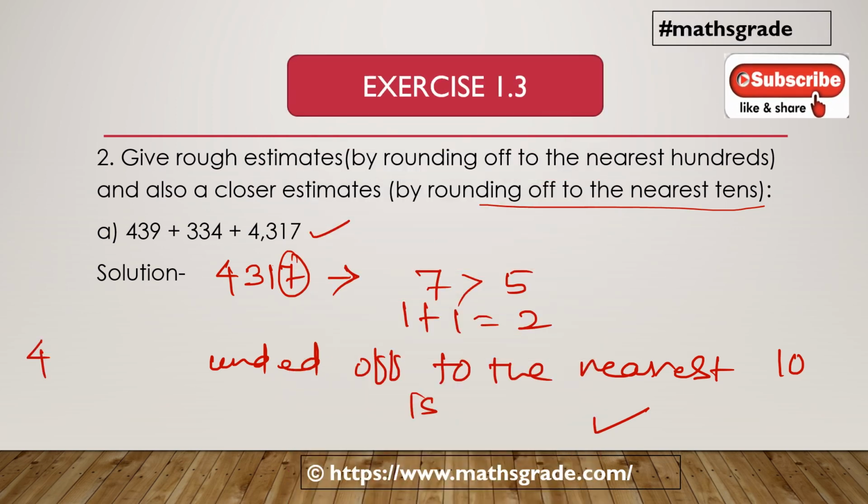So 4,300 and write down 0 in the unit place digit, that is 7 changes to 0. So 4,317 rounded off to the nearest 10 will be 4,320.